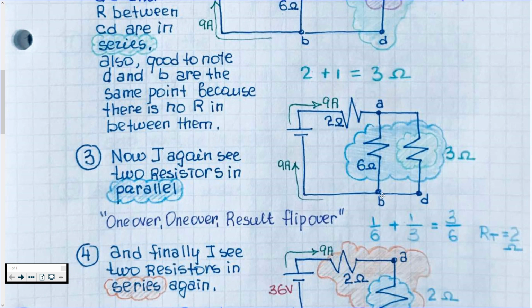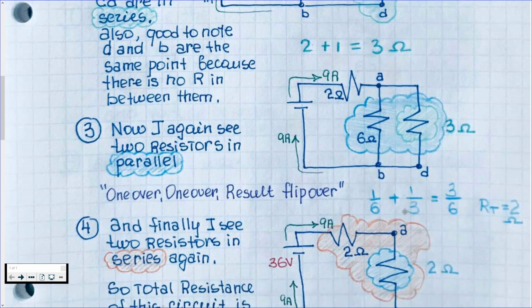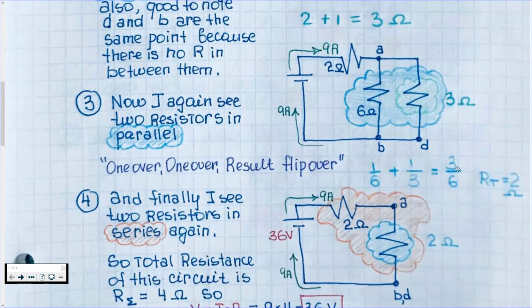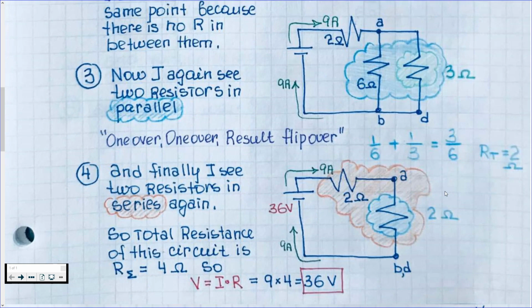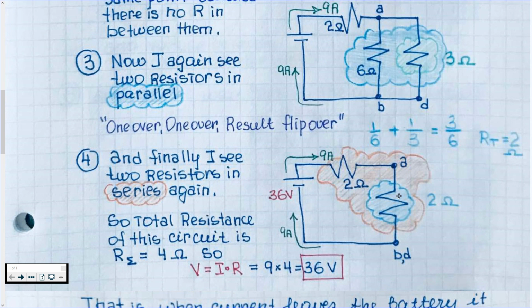They share two nodes, and I can do 1 over, and flip the result over. That gives me the total resistance right here, which is 2 ohm. I can just throw these resistors away and make a new resistor of 2 ohm. When I look at the new circuit, I see, oh well, this is easy. Everything is in series now.